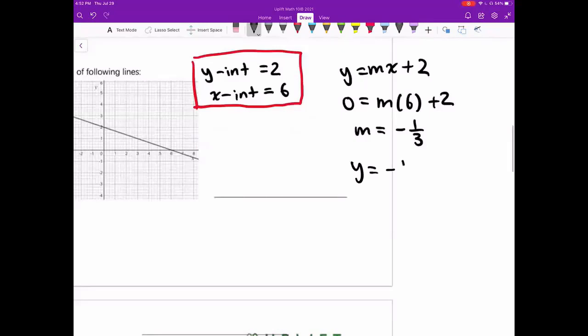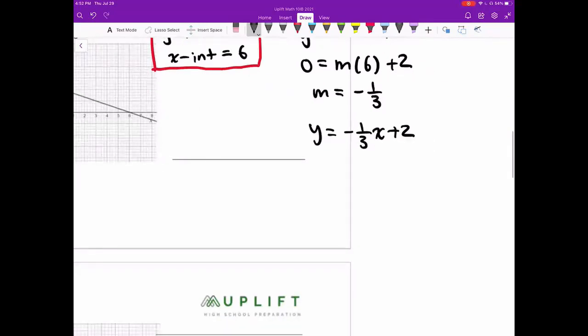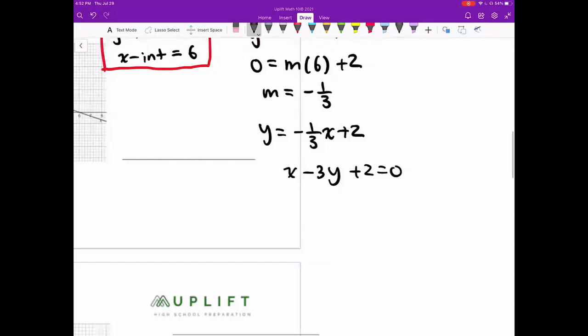So y is -1/3 x plus 2. Then to turn it into general form, we just have x plus 3y minus 6 equals 0. I think. No, plus 6 is 0.